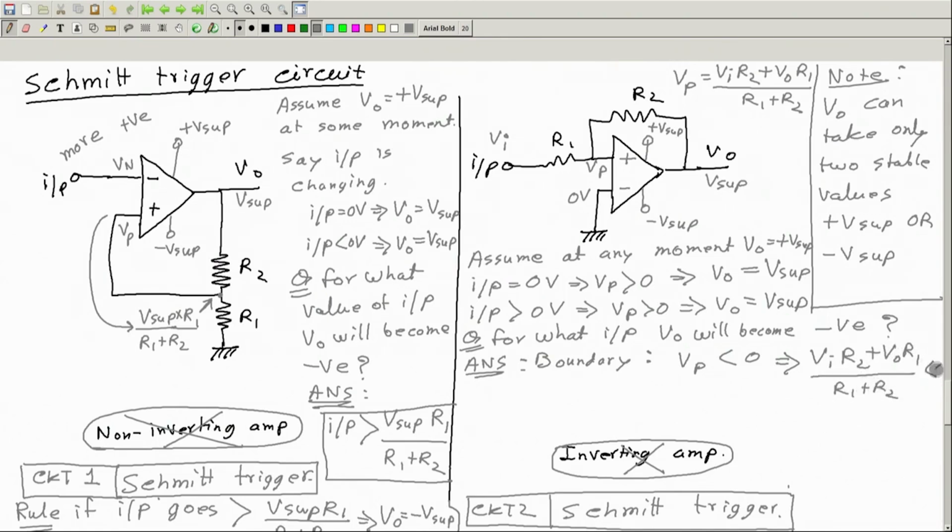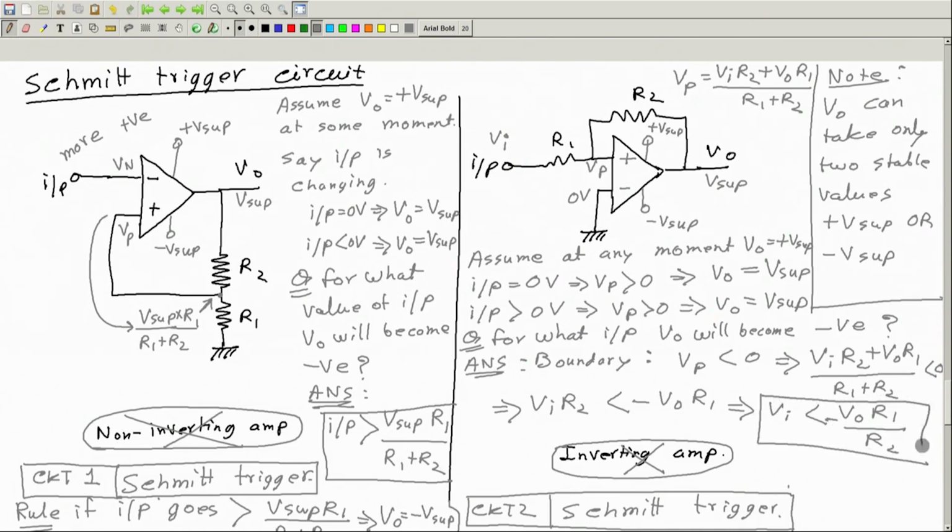This should be slightly less than 0, which will imply, now you can forget the denominator, V I R 2 less than minus V O R 1. So, from this I can write V I is less than minus V O R 1 by R 2. This is the boundary condition.